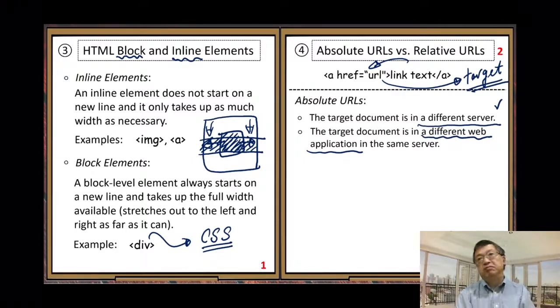But when we jump from one web application to another web application, we have to use absolute URL, not relative URL. Why? You may ask me why. Let me use a simple sentence to give you the reason.